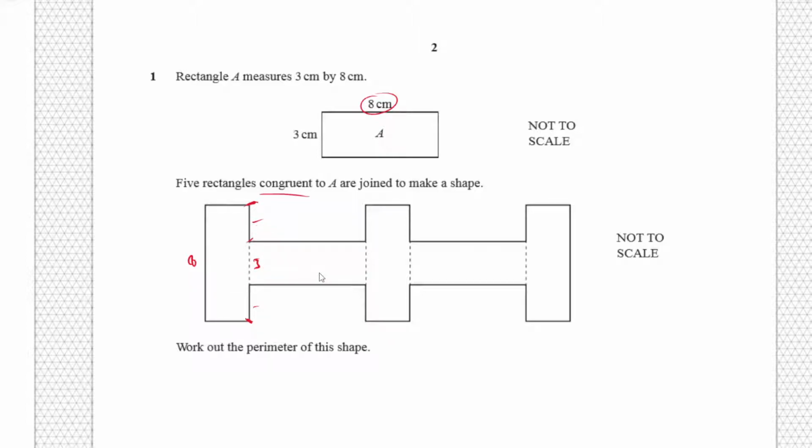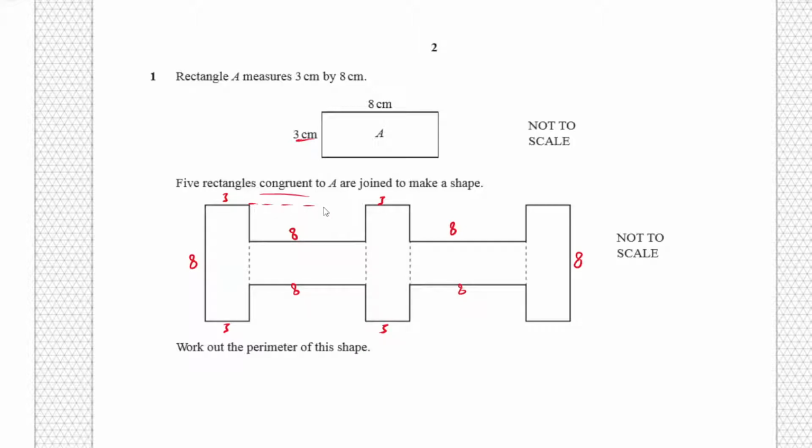Since we know that, let's try to add up everything. Let's try to label this. Maybe you can say that's 8, that's 8, that's 8, that's 8, that's 8, that's 8, and these are 3 each, right? I'm getting that from here because they're part of that rectangle. You see, this is not one of the sides.